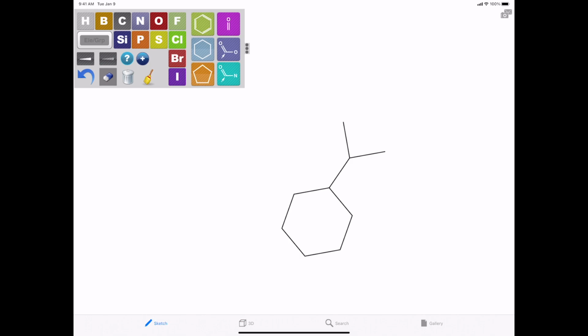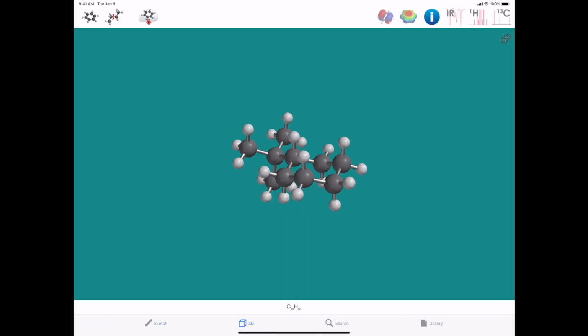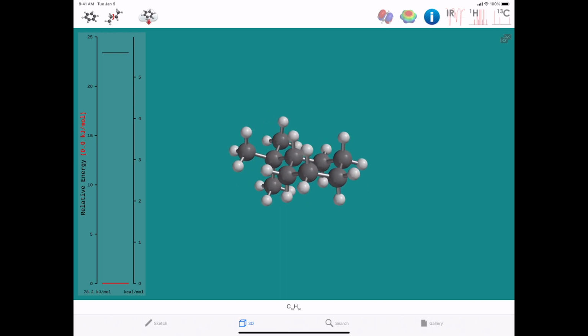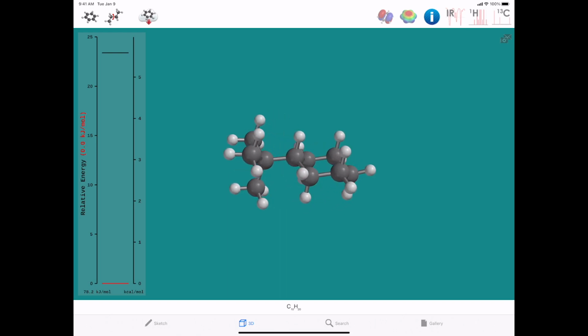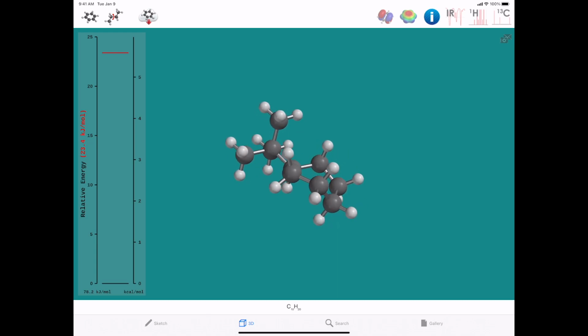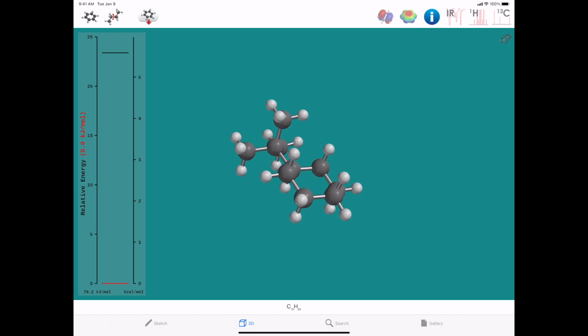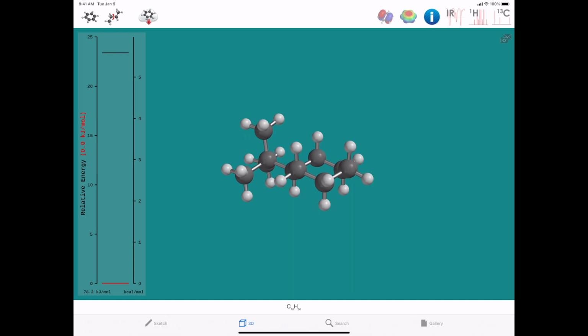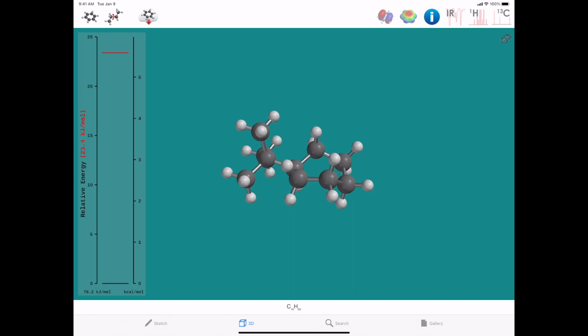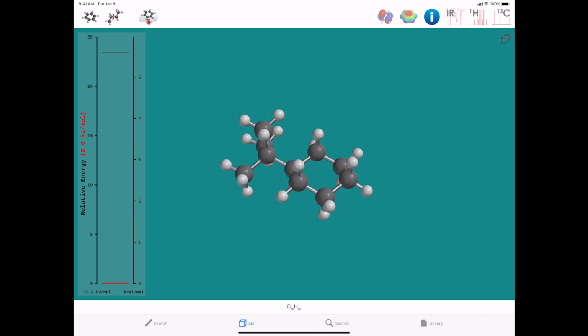Now I want to show you the tert-butyl. T-butyl, tert-butyl, either way. So notice the difference between axial versus equatorial. I'm getting this totally backwards. Let me back up.